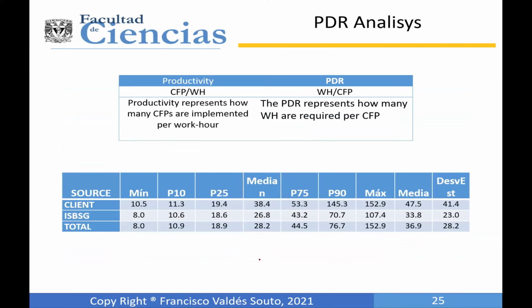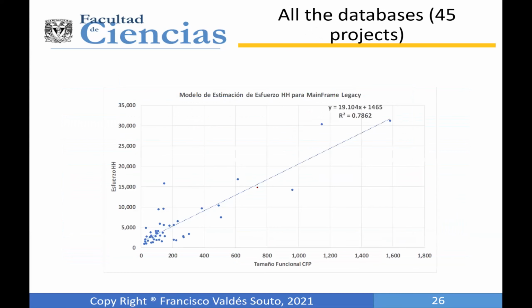The median is a little bit similar. So integrating all databases gives this estimation model or productivity model with a correlation coefficient of about 78%.